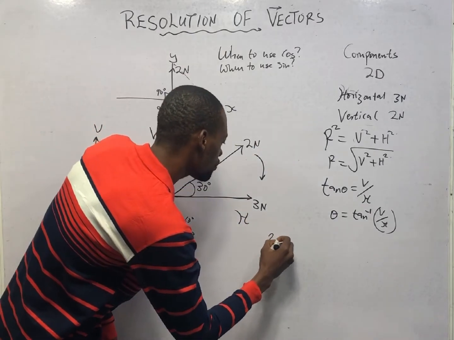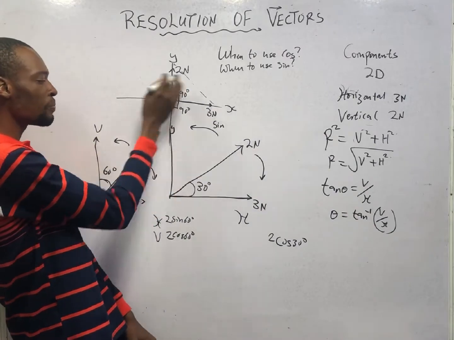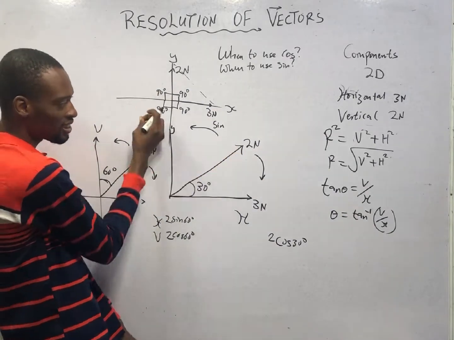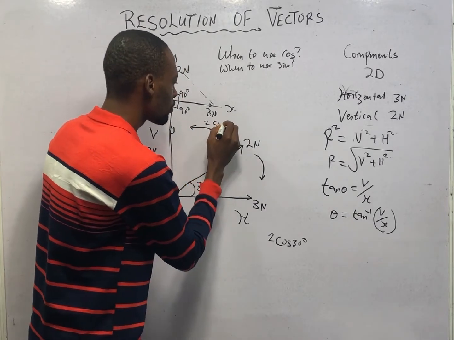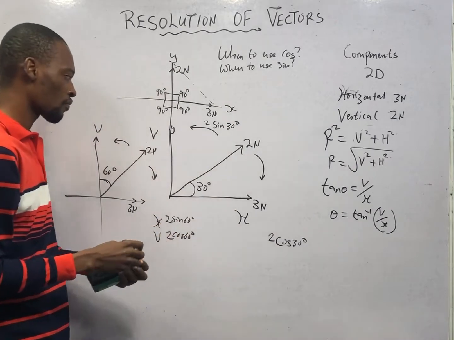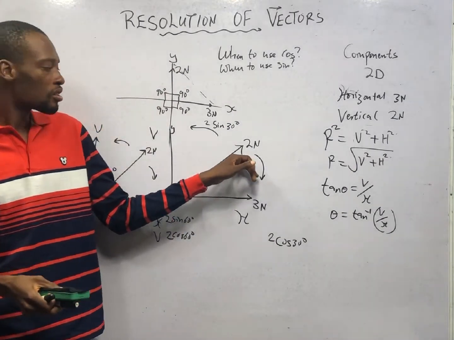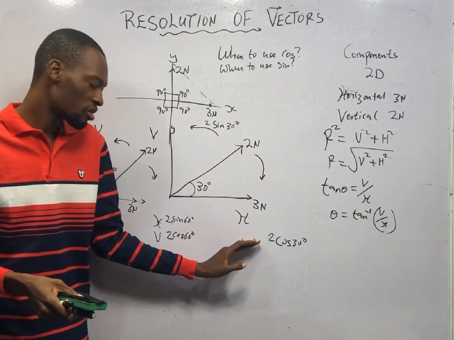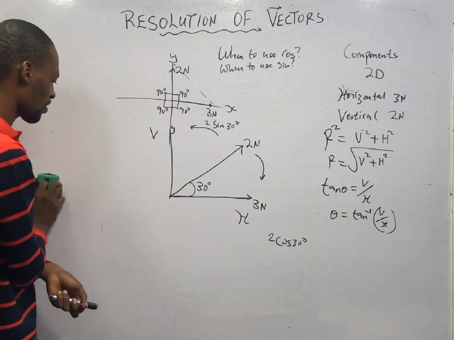It is 2 cos 30 degrees. Now, to the vertical, you are opening up the angle. You are opening up here like this. It is 2 sine 30 degrees. So, we've been able to resolve this force to the vertical and to the horizontal, and this one as well. But let's focus on this.